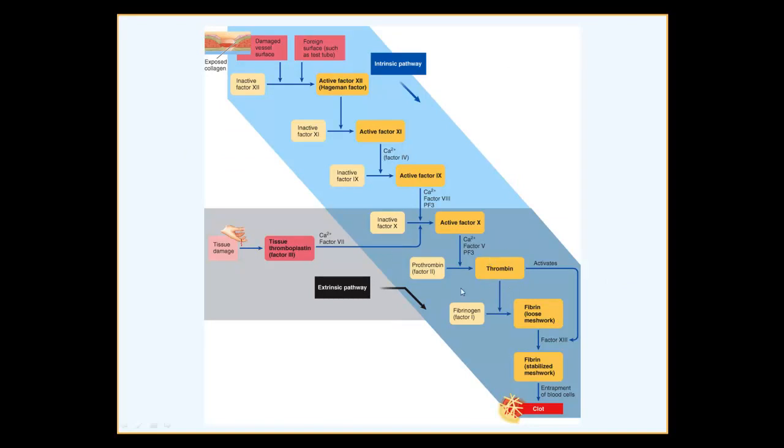You can't ignore knowing the prothrombin to thrombin conversion. You should really not ignore at least this part. So let's talk about the lengthy process of the intrinsic pathway. You don't necessarily have to know the details here, but you know that when you have damaged vessels, then the inactive factor 12 will become activated factor 12, and that will start the ball rolling.